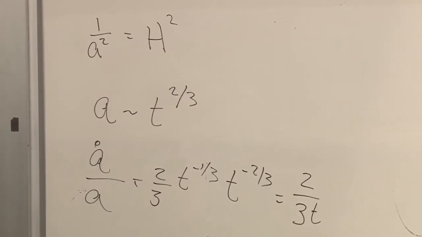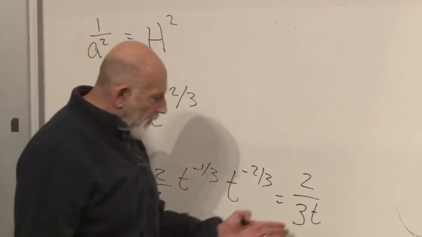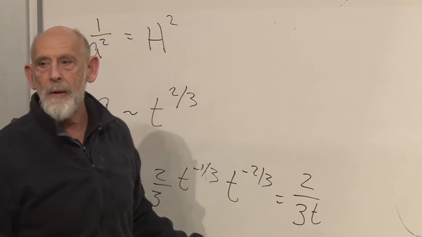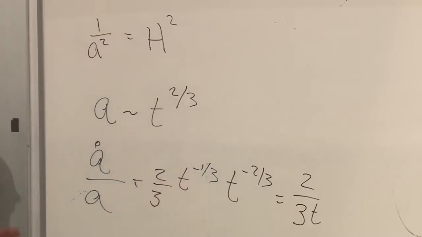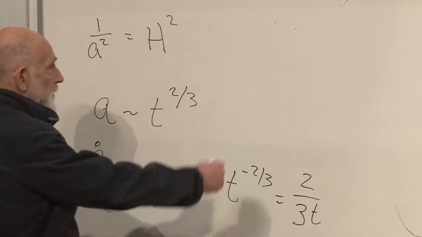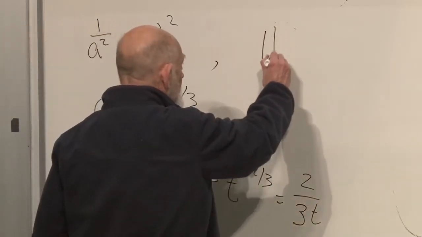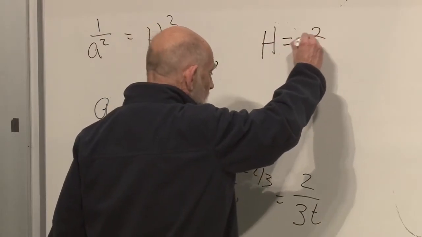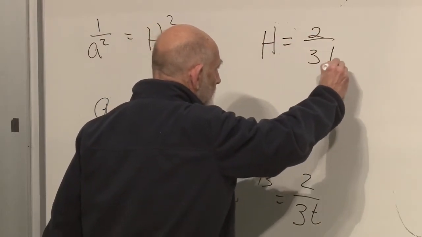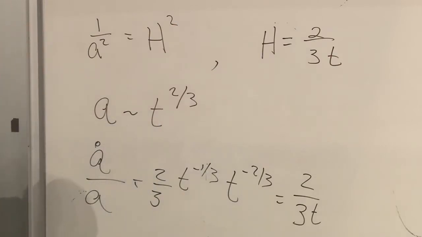So the Hubble constant, in fact, we know how the Hubble constant varies with time. In this model, in the model of a matter-dominated universe, another way to write the Hubble constant is it's just 2 divided by 3t, and of course it's not a constant.